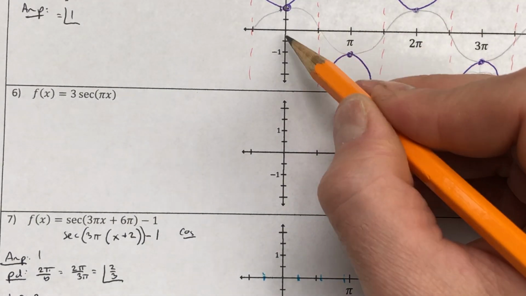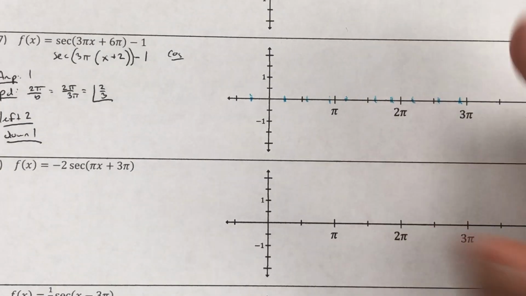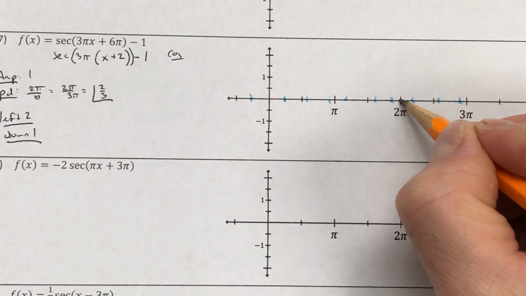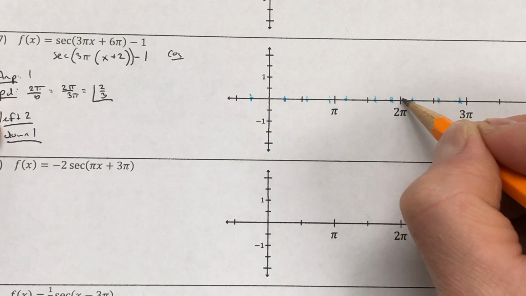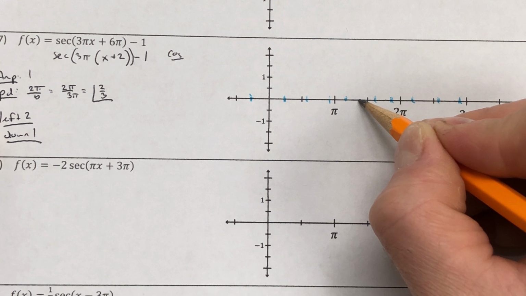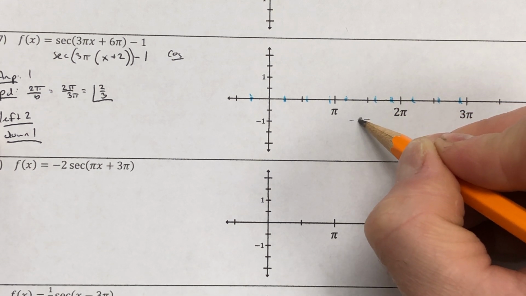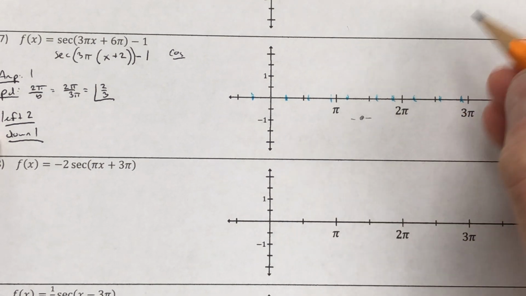So what normally would be starting at this point, I'm going to actually start at this 2 pi unit. Moving it left 2, so directly betweenish, and down 1-ish. So this is where the new midline is right there.